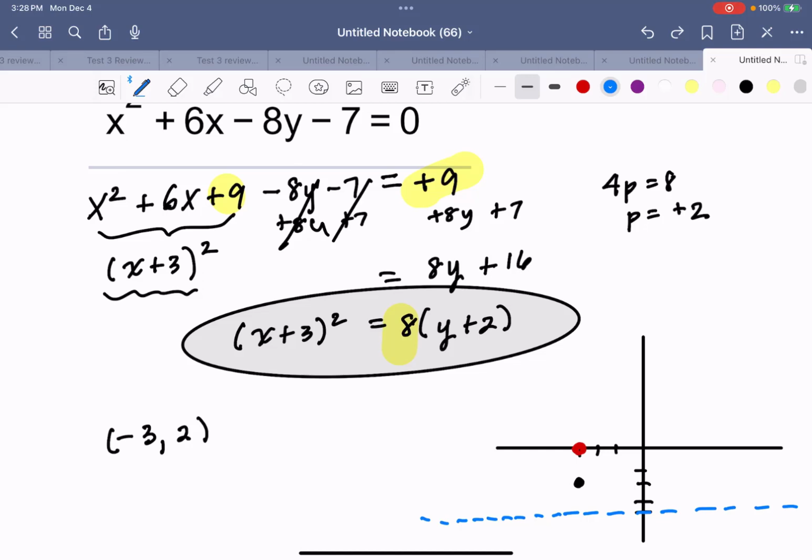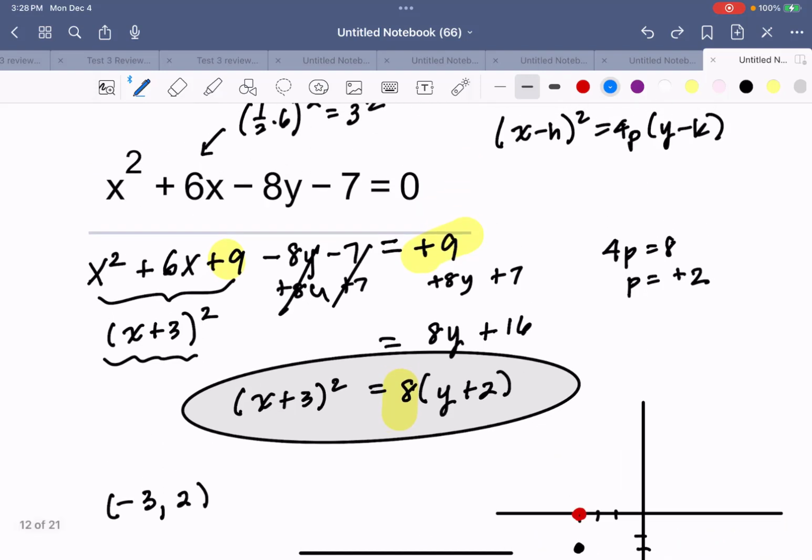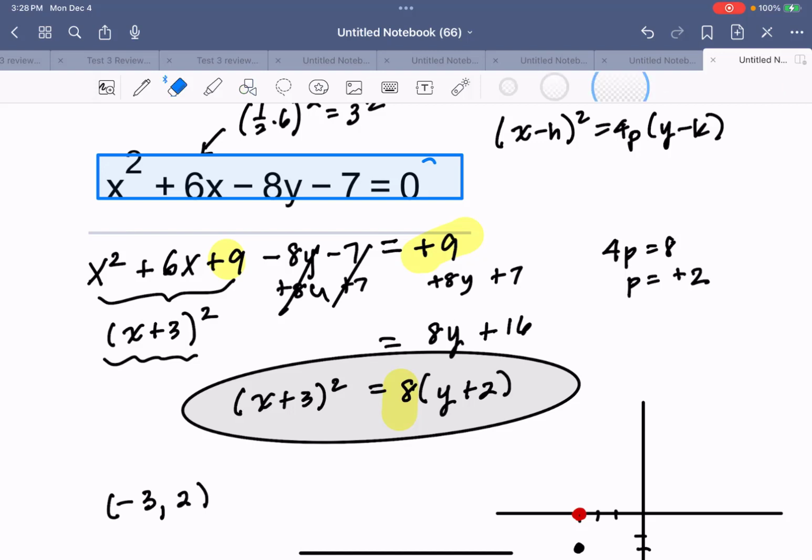And so let's let x be 0 in our equation. Now, it'd be really easy to put x as 0 up here, but remember, this equation is equivalent to this equation right here. However, I notice that when I do that I'm going to get a fraction. Let me show you.